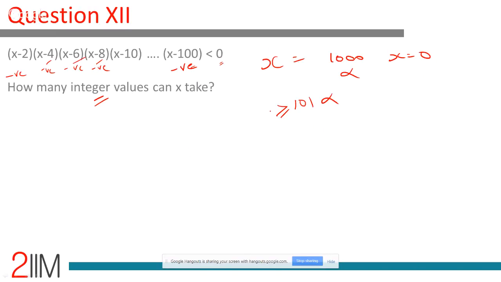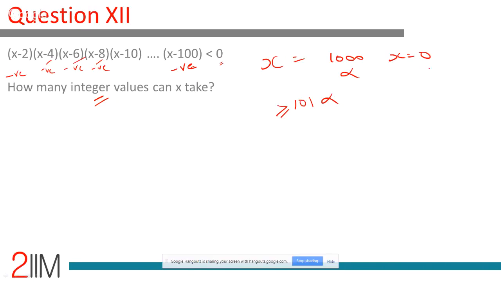Many negative terms, the product could still be positive. How do you figure out whether it's positive or negative? If there is an odd number of negative terms, the product will be negative. An even number of terms, the product will be positive. So how many terms are there here? x minus 2 to x minus 100: 50 terms in the sequence. Even number of terms, so the product will be positive.